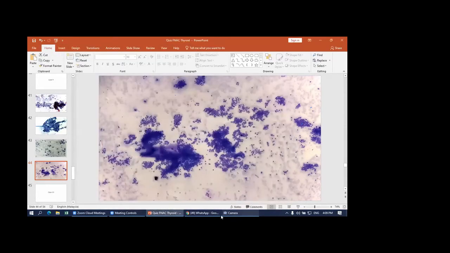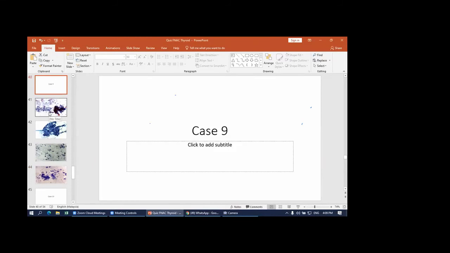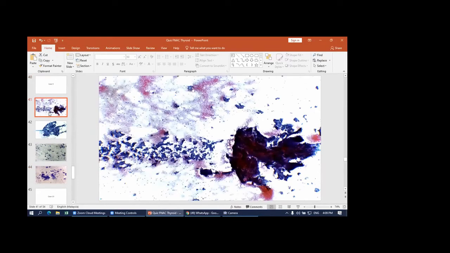Okay, again, let's recap. This is a male, 47 years old, with a thyroid nodule. This one they didn't give us the thyroid category, but when they did the FNAC, it's quite cellular, in PAP and MGG. In PAP, this is the fragment that we see. And again, as I showed you, the spaceship with the mini spaceship.